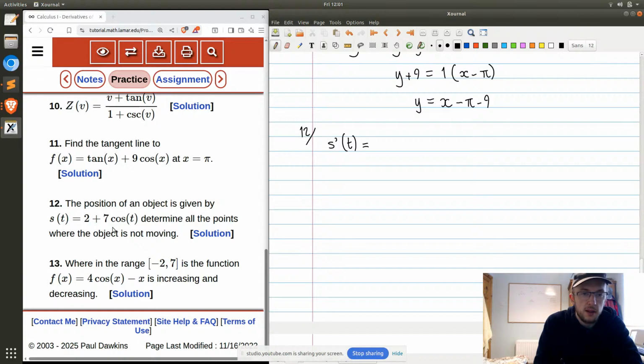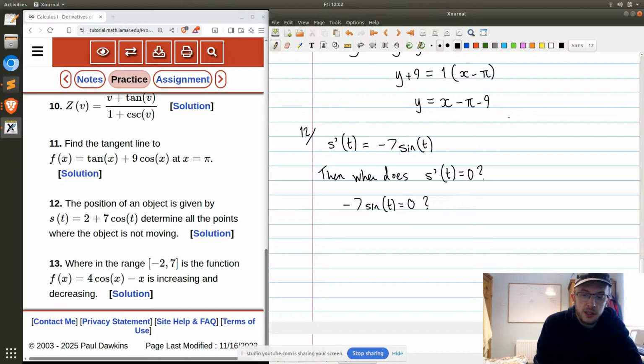Constant disappears. This turns into this. Then when does s prime of t equal 0? Like, when is this equal to 0?